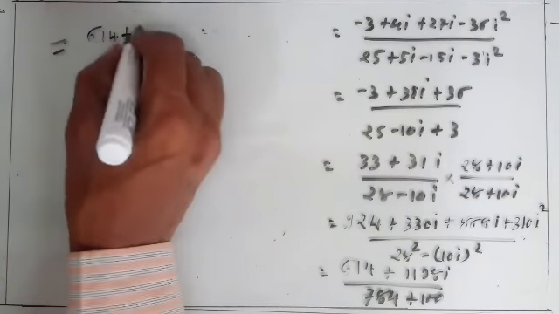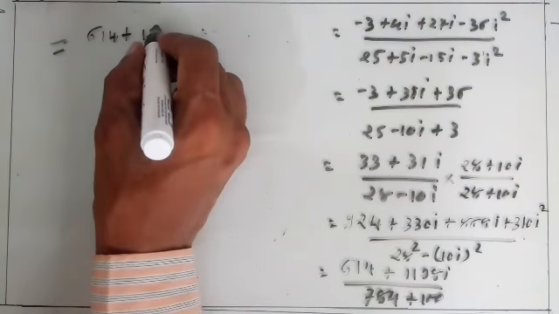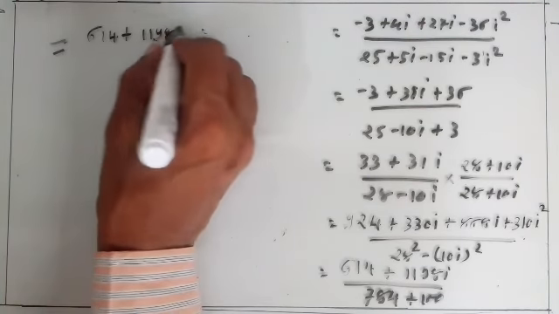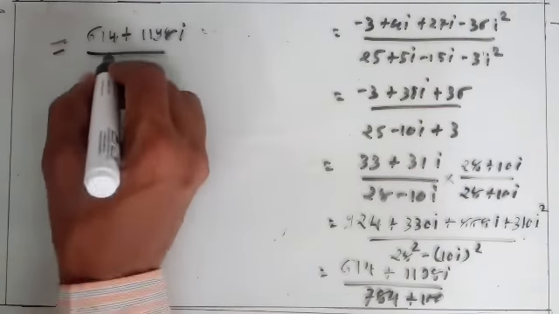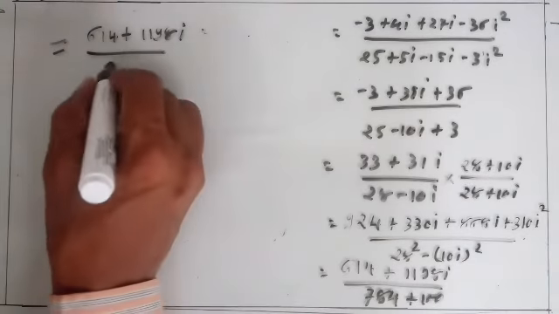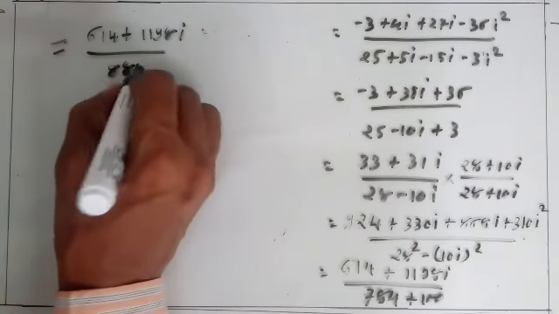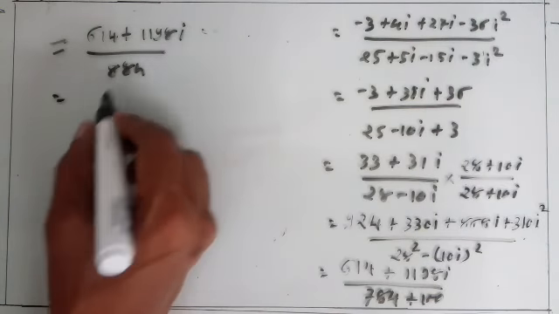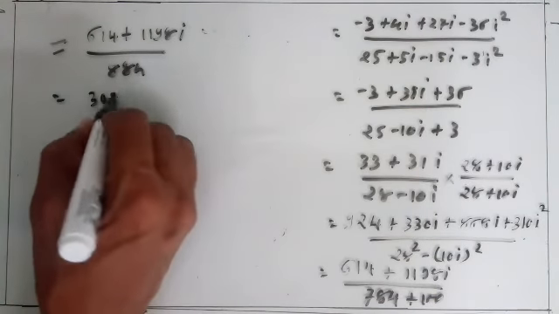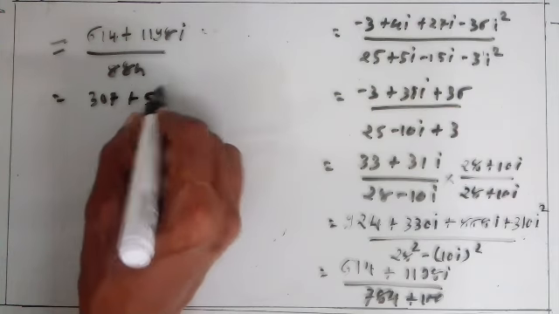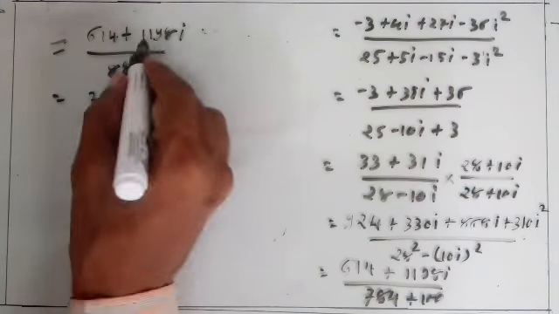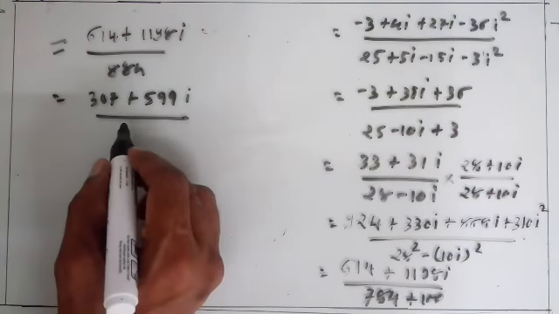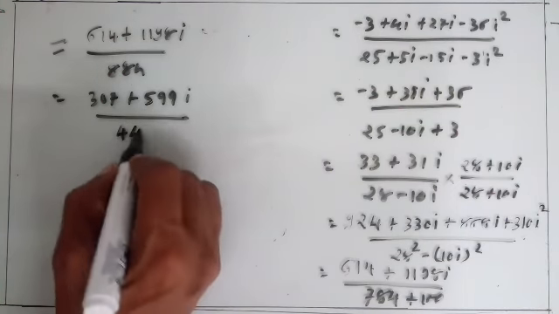614 plus 1198i upon, addition of these two is equal to 884. Now dividing by 2 to both numerator and denominator, we get 307 plus 599, dividing this number by 2, we get 442.